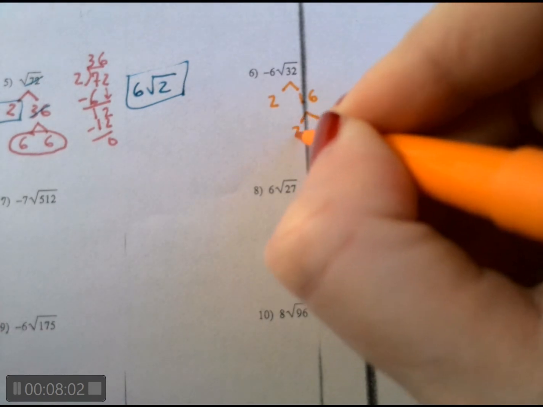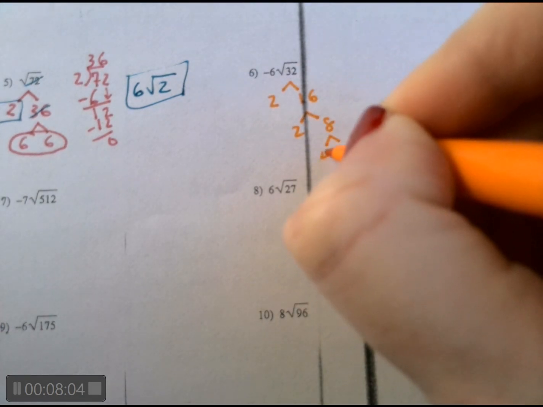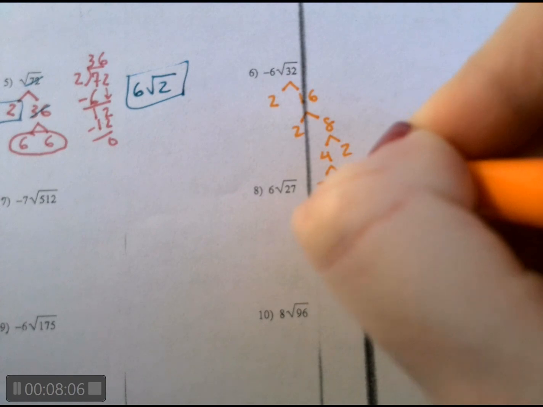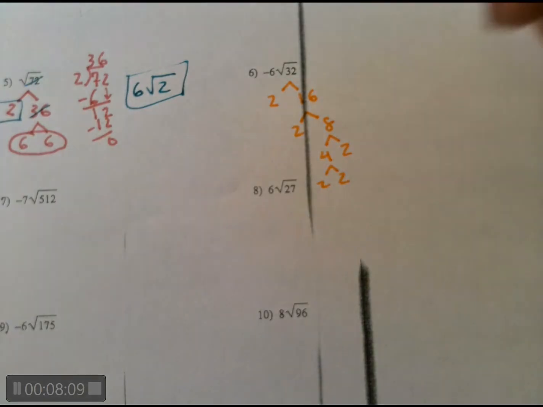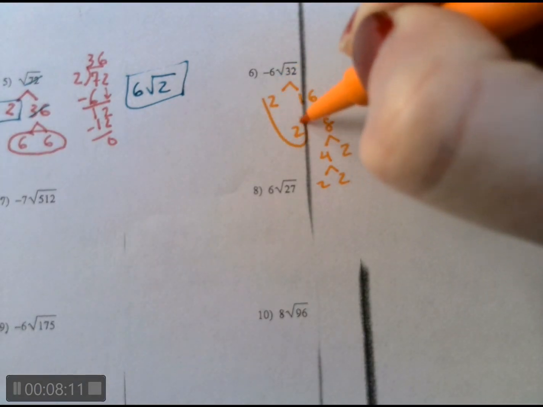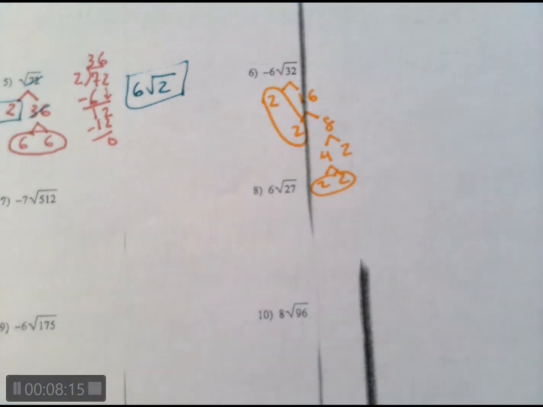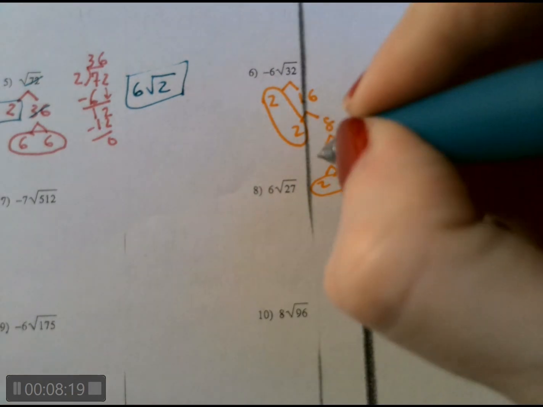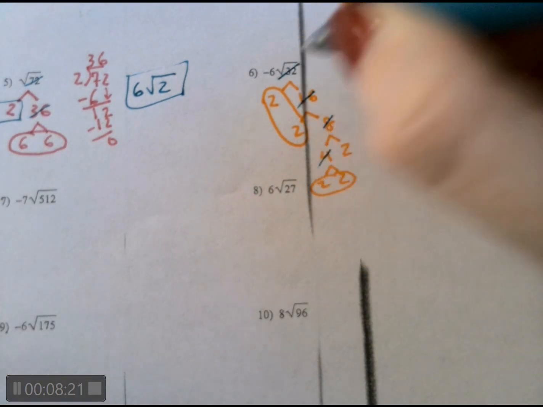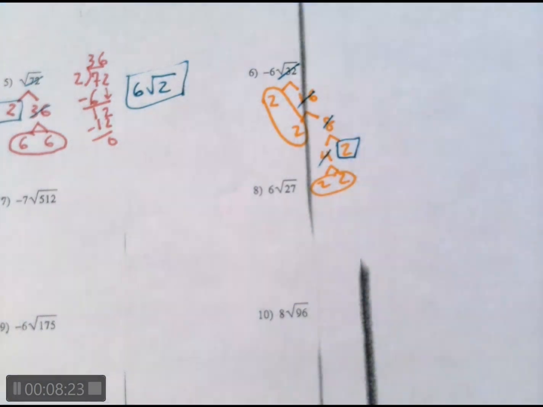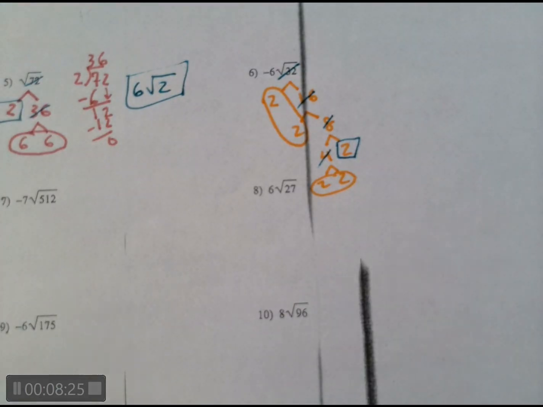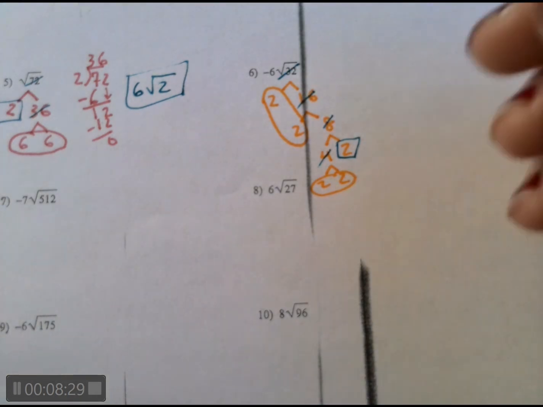And then we saw that 2 and 8, and then 4 and 2, and 2 and 2. And then we circled our pairs. And we got rid of the extra numbers. And boxed. Okay?